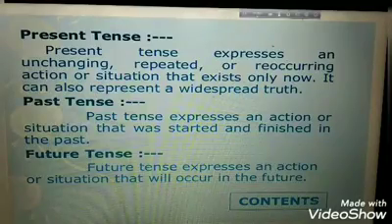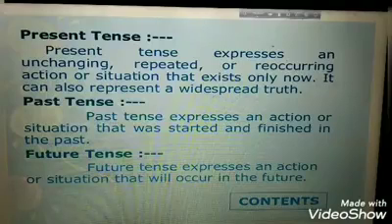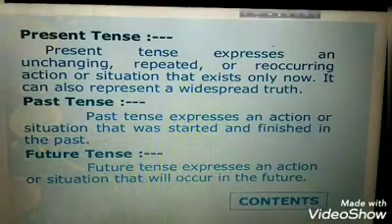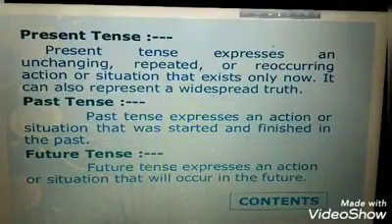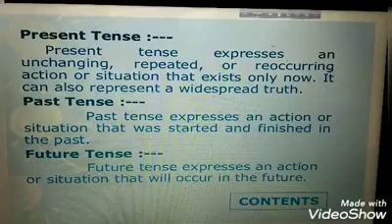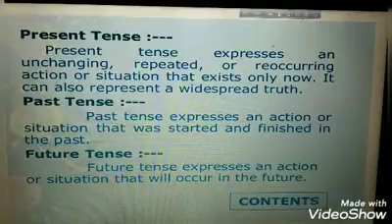Past tense expresses an action or situation that was started and finished in the past. And what is future tense? Future tense expresses an action or situation that will occur in the future. So is it clear?